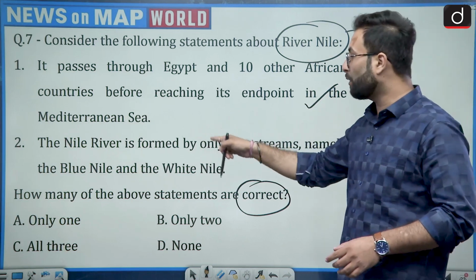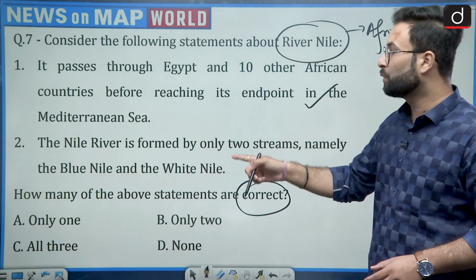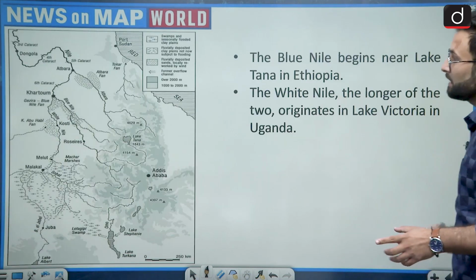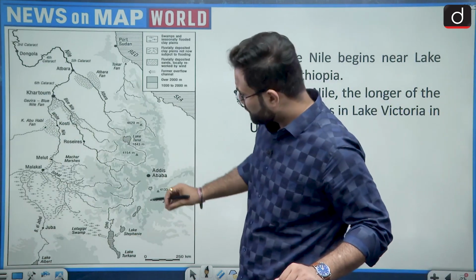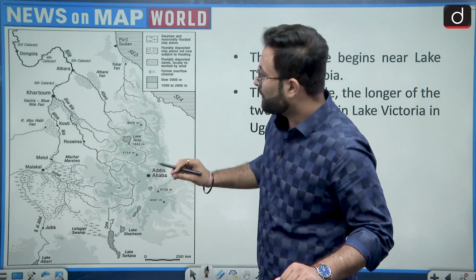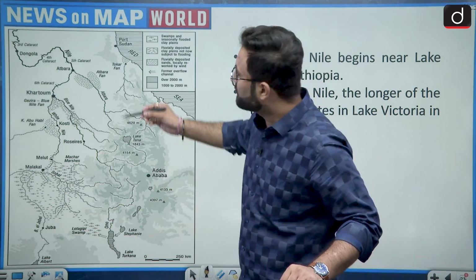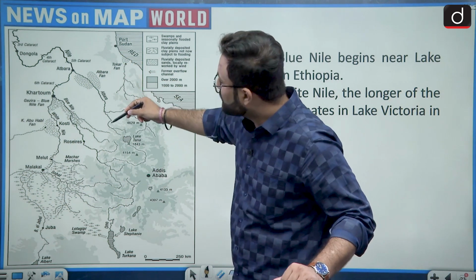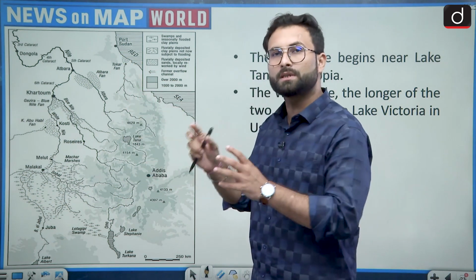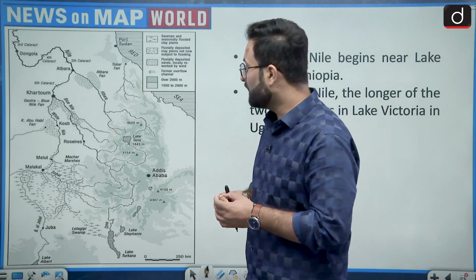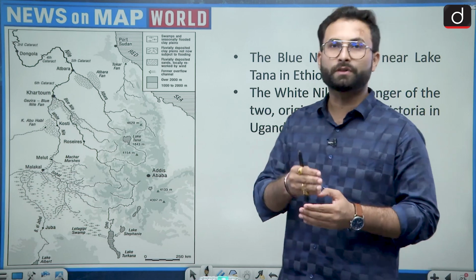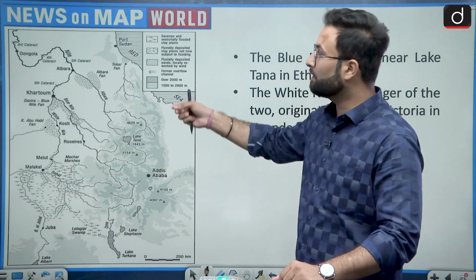Second is the Nile river is formed by only 2 streams, namely Blue Nile and White Nile. Okay, so when we are talking about the streams over here, one stream is your Atbara. Okay, Atbara is one of the streams which is also part of Nile. So there are a few streams which are basically making the Nile river.